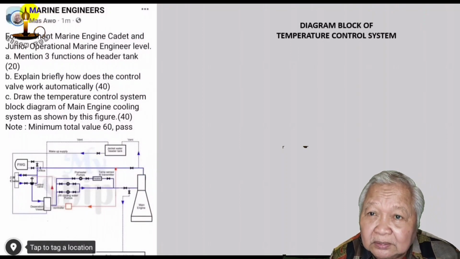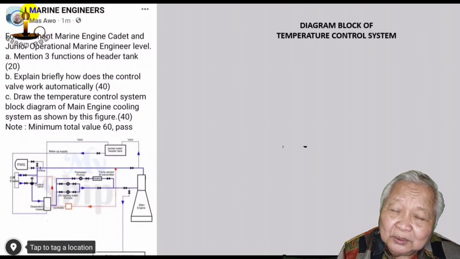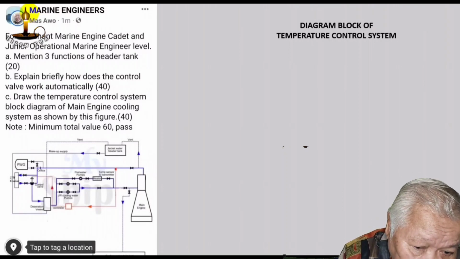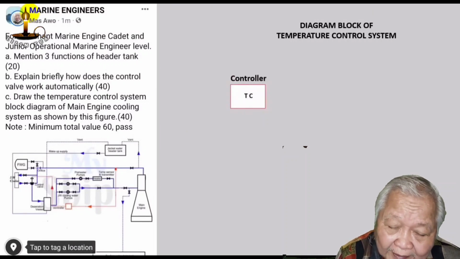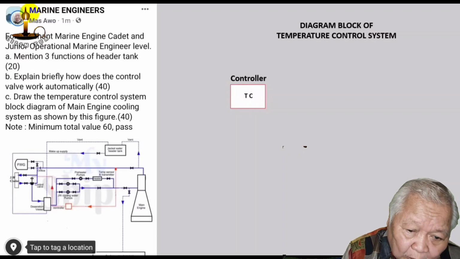Now, I will invite you to make the block diagram of this system. Firstly, all of us know which one is the controller.